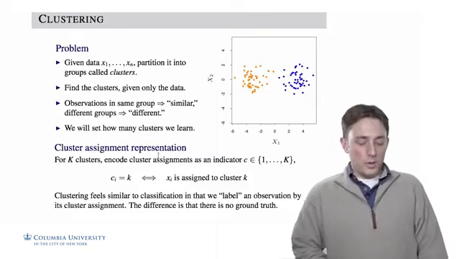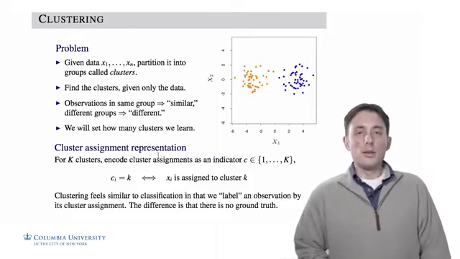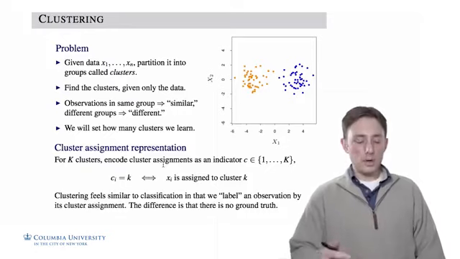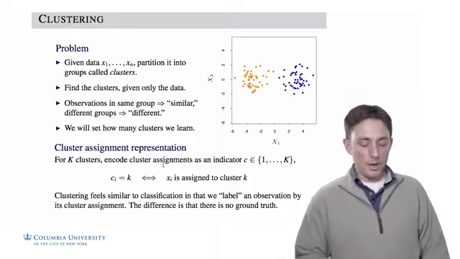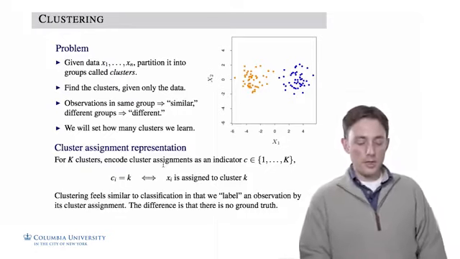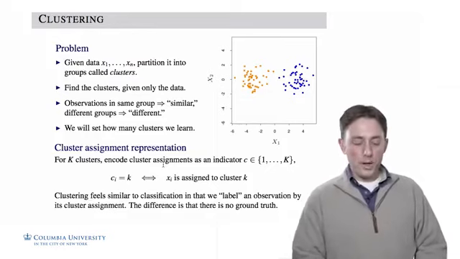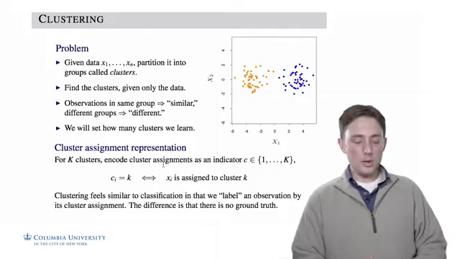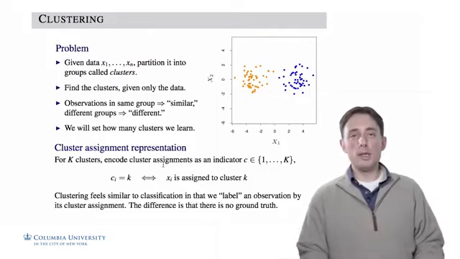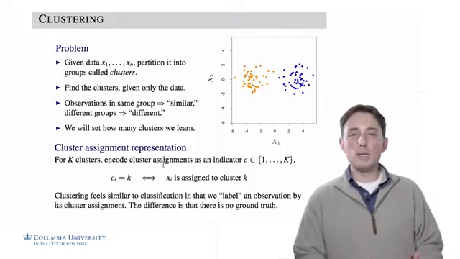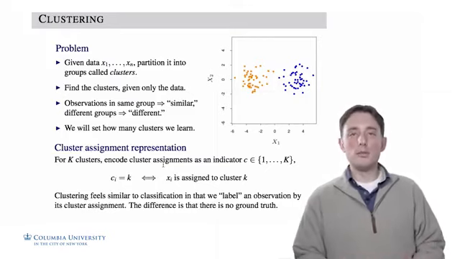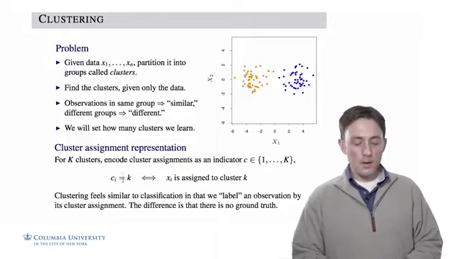So to do this, we're going to use a latent variable that I'm going to introduce right here before we move on to the k-means algorithm. So we're going to introduce this latent variable c. And we assume that there are k clusters underlying our data set, and this is going to be just a parameter that we set. We say that we set k to be some number, and I'll discuss later some ways of deciding this number.